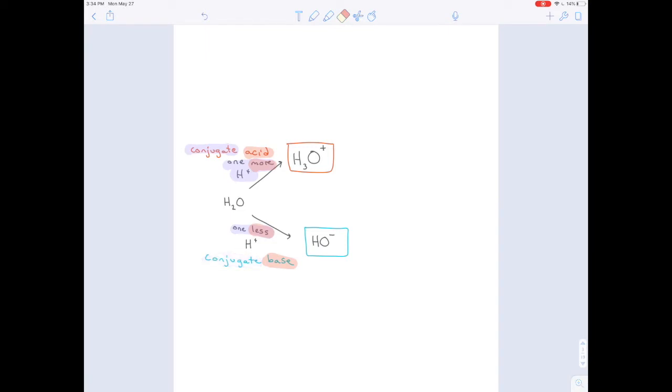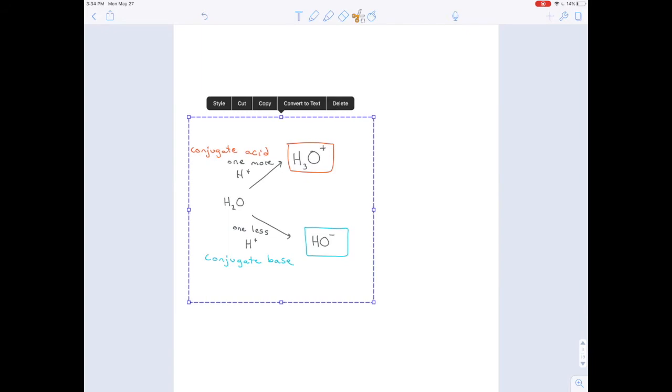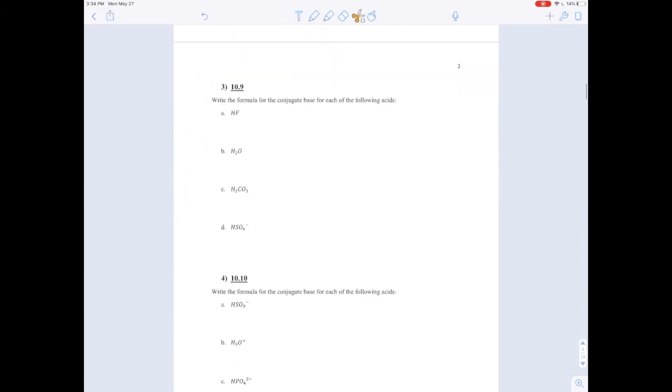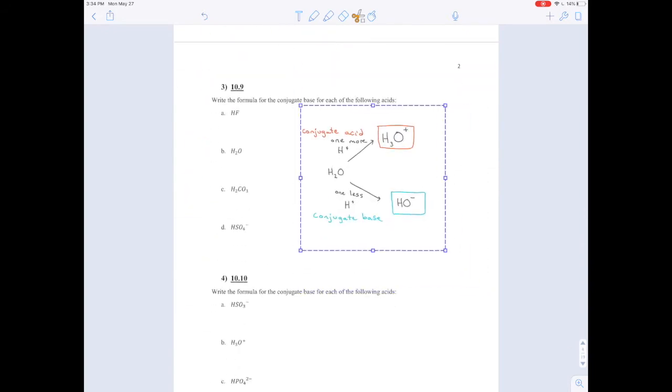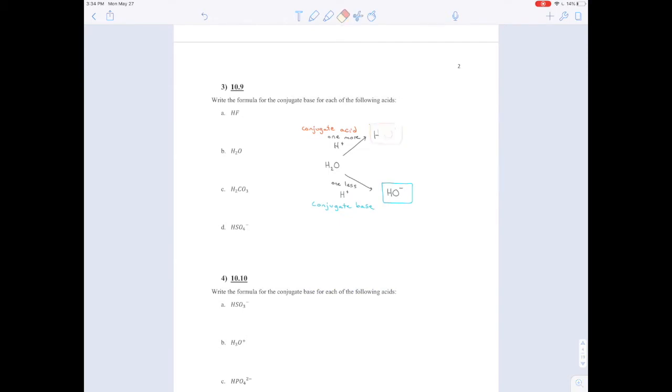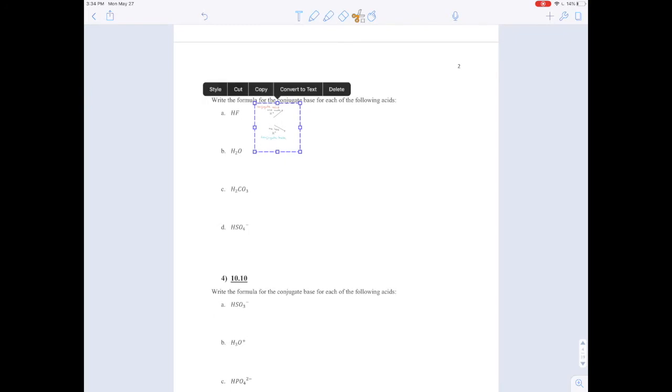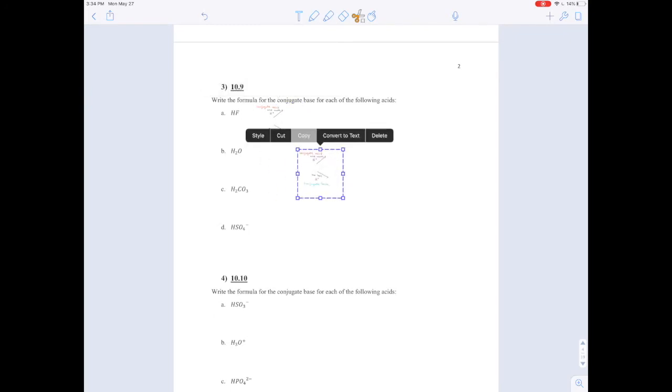Now, each of these questions is going to be asking you for the conjugate base, but on an exam, you should be prepared to draw either the conjugate acid or the conjugate base. So although they're only asking for the conjugate base in these questions, I'm going to go through how to solve for both of them, since you could be asked about both of them on an exam. So this is going to be our framework. We'll use that thought process for each of these molecules.